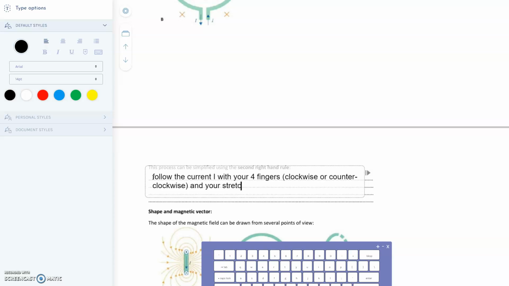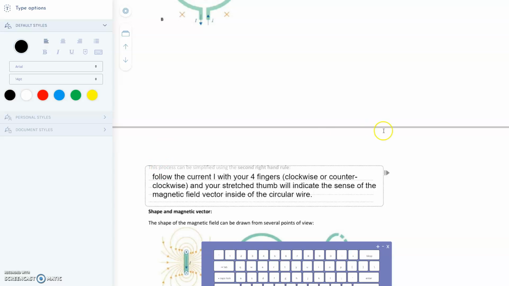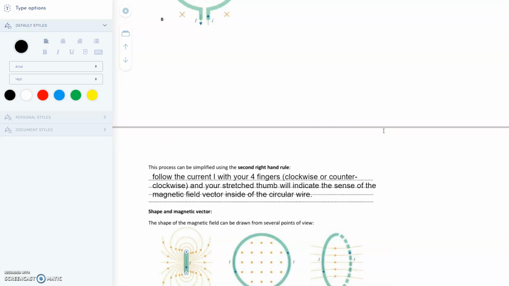And your stretched out thumb will indicate the sense of the magnetic field vector inside of the circular wire. For the outside, of course, it will be the opposite sense in this case.